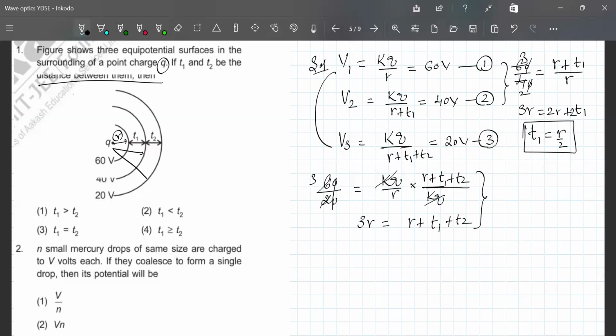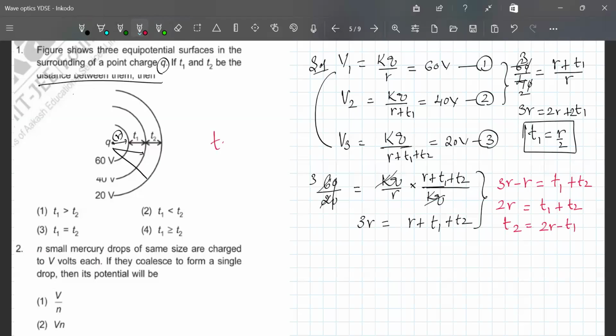Okay. Now this 3r minus r equals t1 plus t2. 3r minus r becomes 2r equals t1 plus t2. Then t2 equals 2r minus t1.